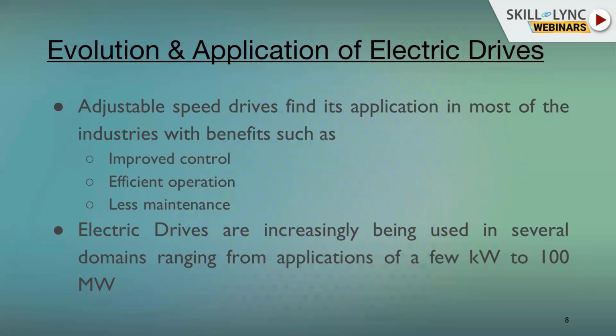The efficiency is much higher, which was a problem with earlier mechanical based systems. And typically, electric drives require less maintenance because there are fewer joints and issues with hydraulics or pneumatics or issues with friction and things like that. So the maintenance cost is lesser. So it's much cheaper for all these industries to make use of electric drives.